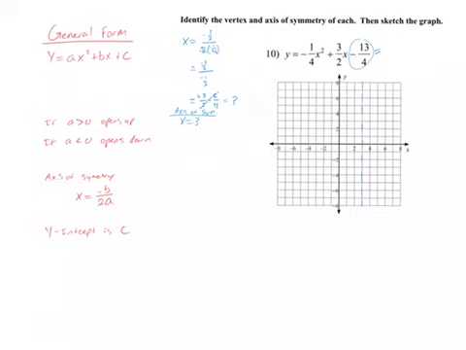If I want to change that into a decimal or a mixed number, that would be negative 3 1/4, which is the same thing as negative 3.25. So negative 3.25 is going to be right here. That's 3 to the left, so I'm going to go 1, 2, 3 to the right and put a point there as well.